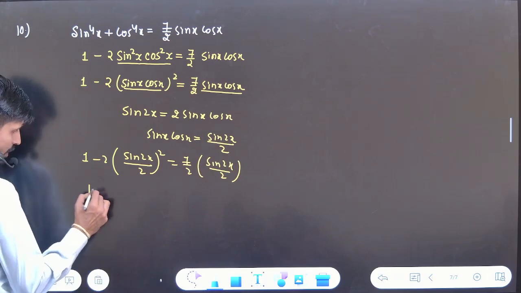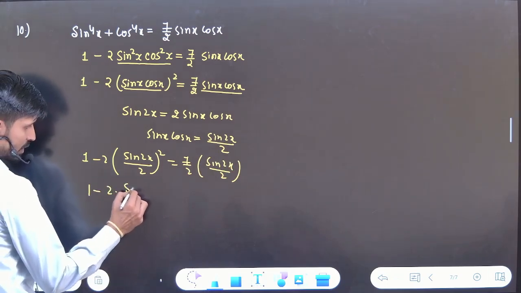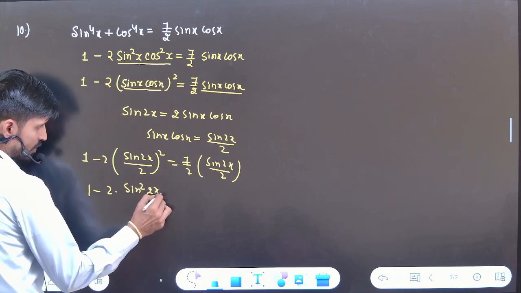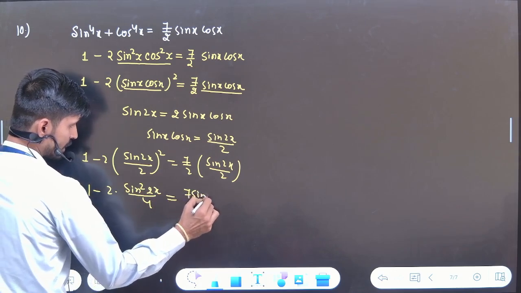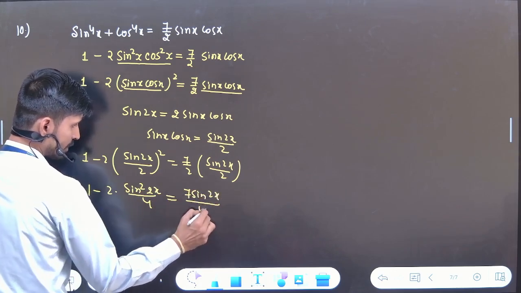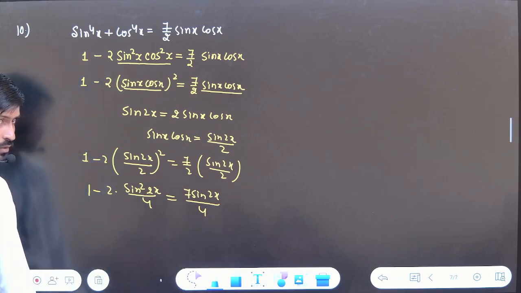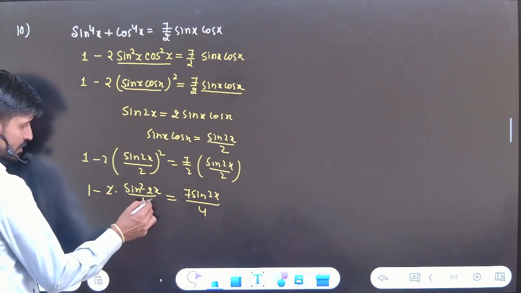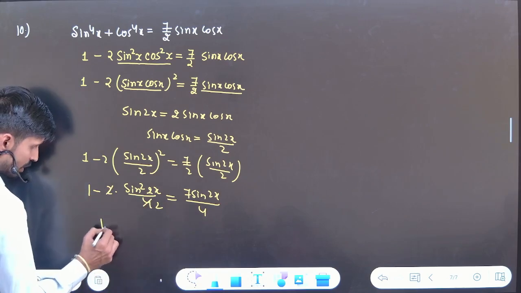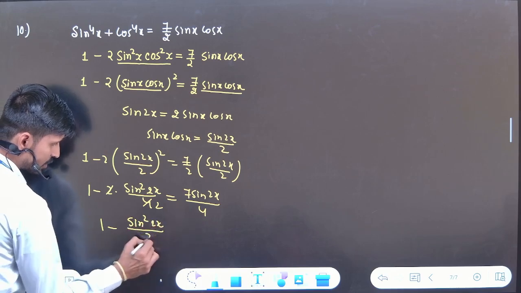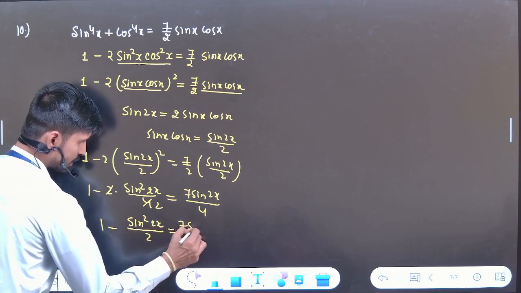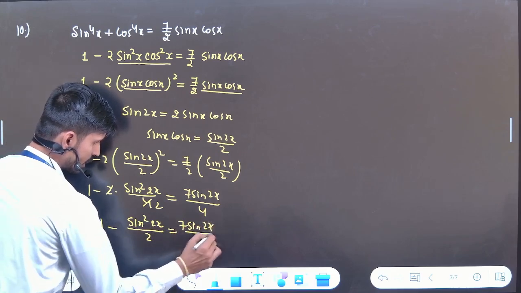Now this will become 1 minus 2 sin^2 2x by 4 is equal to 7 sin 2x by 4. 2 will cancel 4 two times. This will become 1 minus sin^2 2x by 2 is equal to 7 sin 2x by 4.